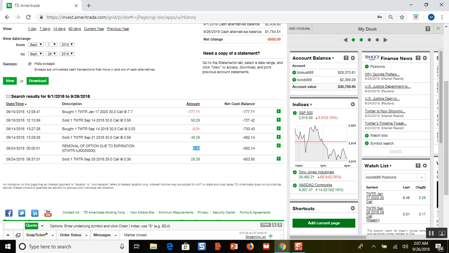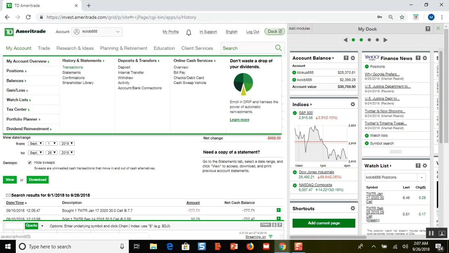And so this $29 call that I sold to open, now I'm able to sell that with zero risk, because if Twitter goes up, yes, it is $1 lower than $30. Yes, I will lose $100 in intrinsic value, but I made $100 in premium, so that cancels out the risk, and this is just extra gravy, right? So no risk for me there.